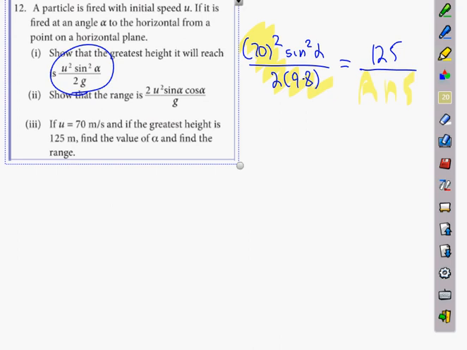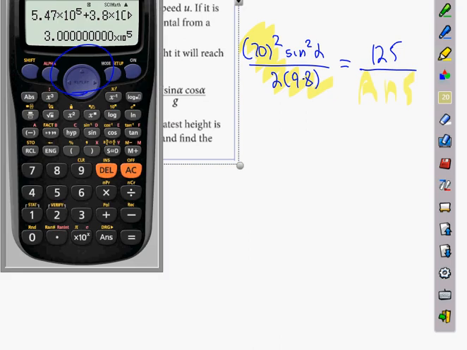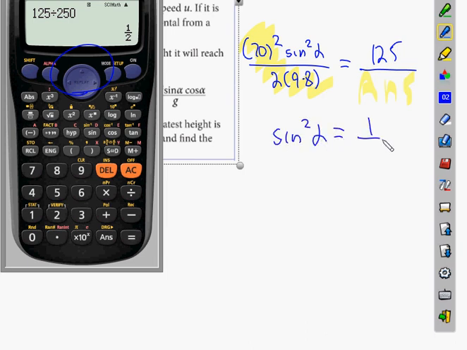It's 250. Is it 250? Yeah. So 125 divided by 250, a half. So sine squared alpha is equal to a half.